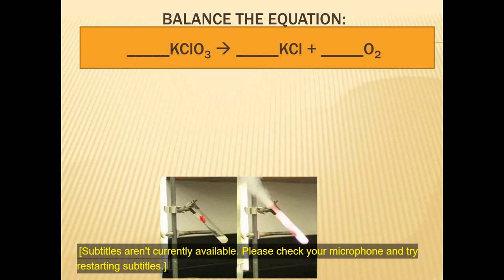All right, so first, did you take and balance this equation? Let's balance this equation. This is the one I did with the gummy bear. Okay, remember the gummy bear sacrifice we did? This is this equation.